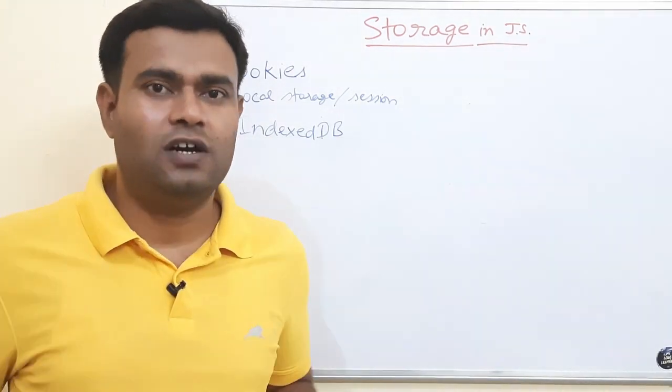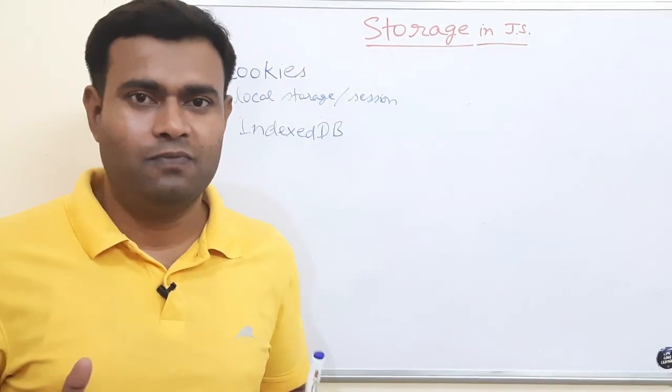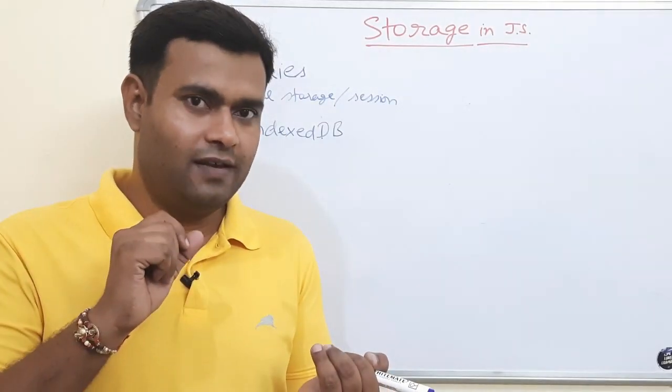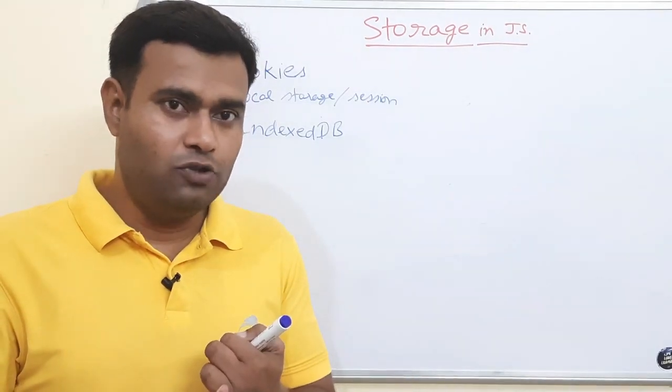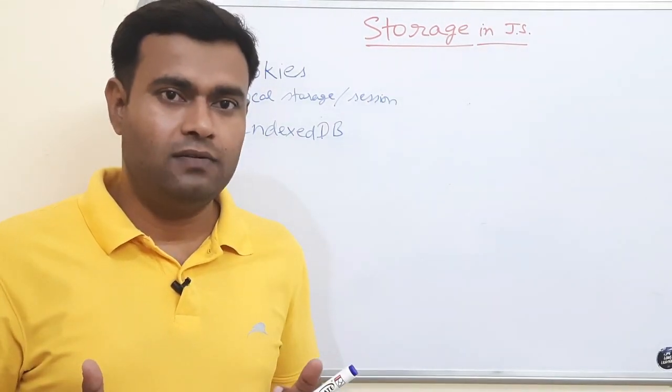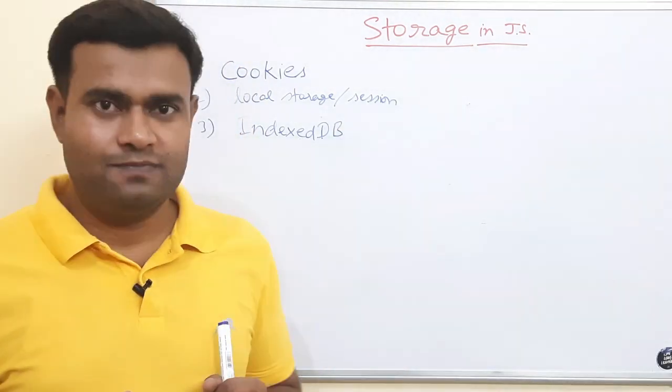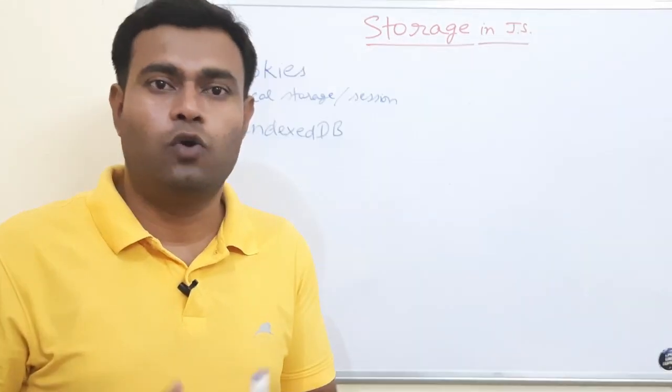Now where is all this data stored, can you guess? Cookies can't be used, local storage can't be used because of the key value pair and the smaller length. It is the IndexedDB which gives you a good experience.